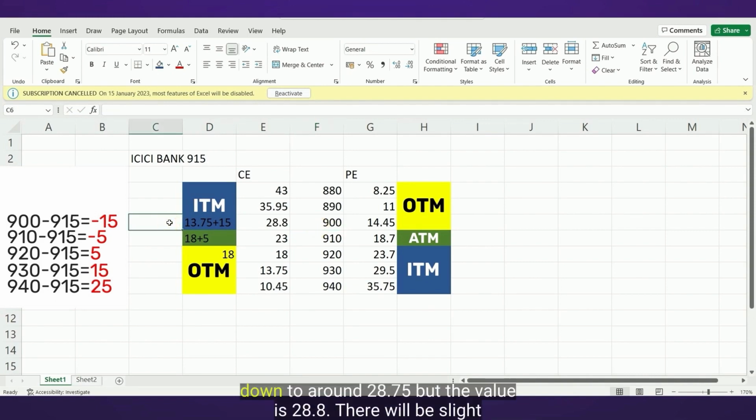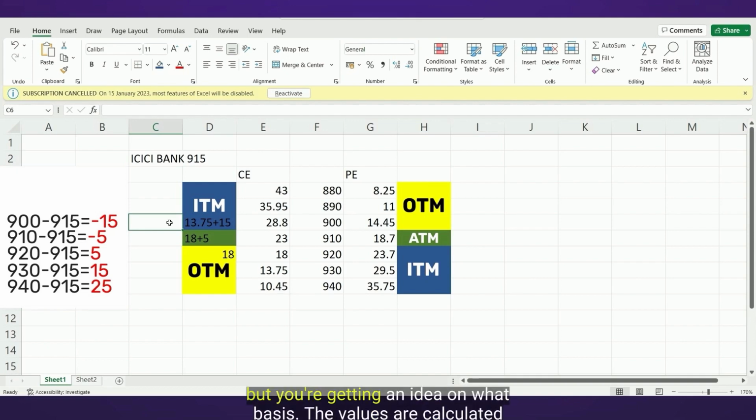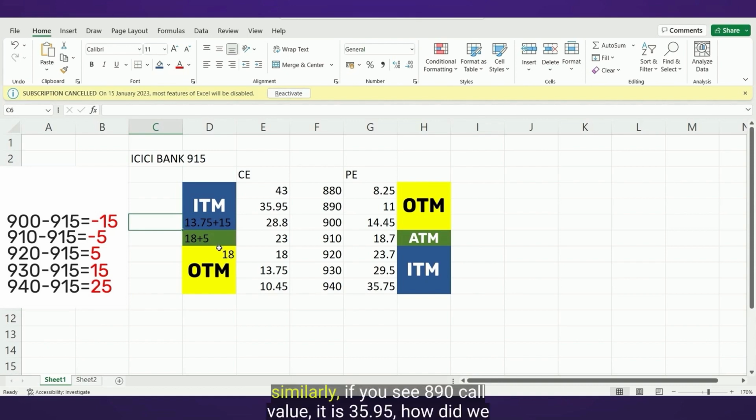So the sum comes down to around 28.75, but the value is 28.8. There will be slight difference between practical value and theoretical value, but you are getting an idea on what basis the values are calculated.